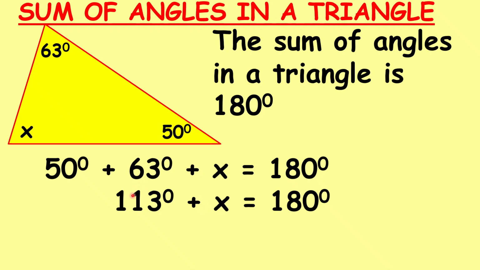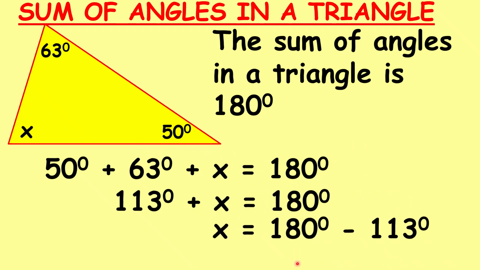By the time we take it to the right hand side, having crossed this equality sign, it changes to negative. So what we have now is x will be equal to 180 degrees minus 113 degrees, and that gives us x to be equal to 67 degrees. So the value of x here will be 67 degrees.